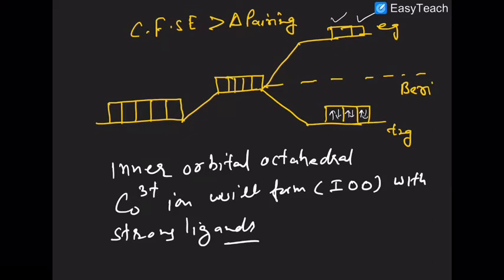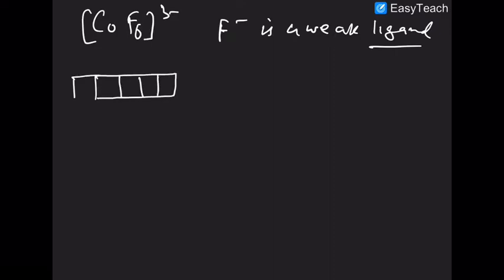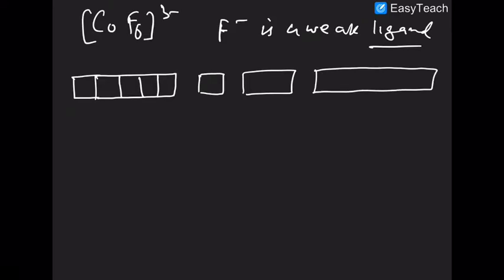Are you sure? Okay, let us suppose you have CoF6 3 negative. Now in this case F negative is a weak ligand. It cannot cause pairing of electrons. So in this case also, this is 4s, this is 4p, and this is 4d.